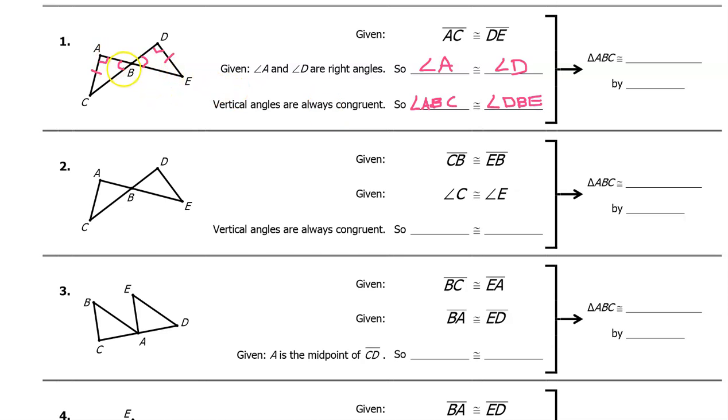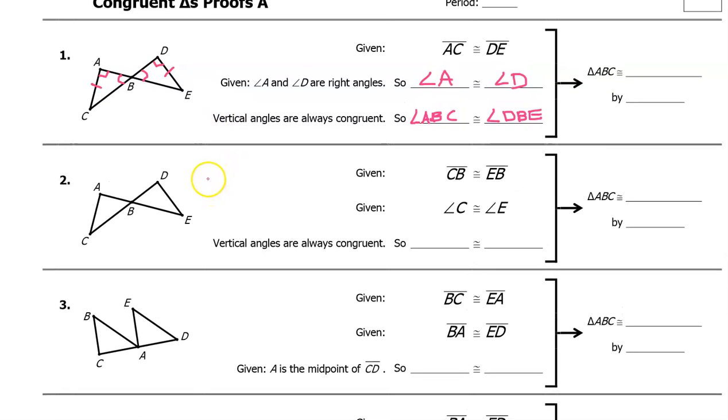Now we have enough information to prove that the two triangles are congruent. Which of the 5 ways can we use to prove that the two triangles are congruent? Please remember that the options are side, side, side; side, angle, side; angle, side, angle; angle, angle, side; and hypotenuse leg.